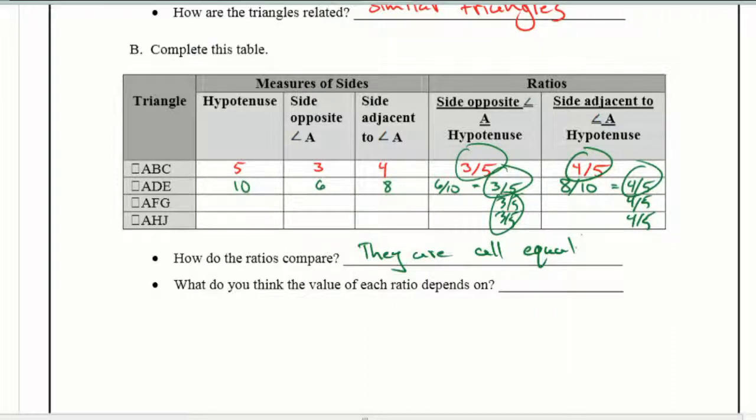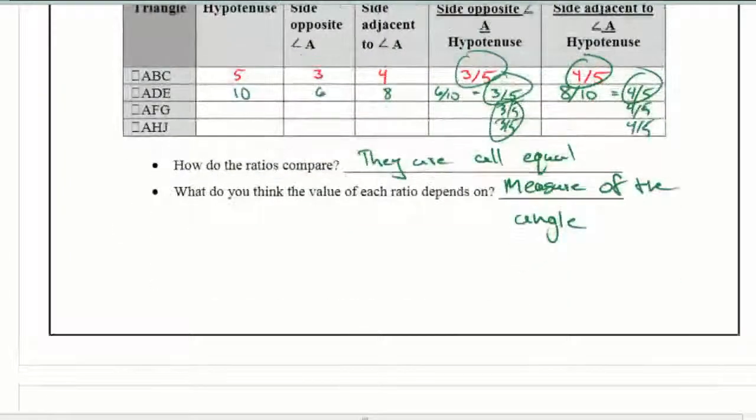And what do you think the value of each ratio depends on? That's an interesting question. And it all depends on the measure of the angle. What do I mean by that? Well, if I had a really big angle, or a really small. Let's go with a small, it's a bit easier to draw. A really small angle, very low angle down here, 10, 15 degrees or so.